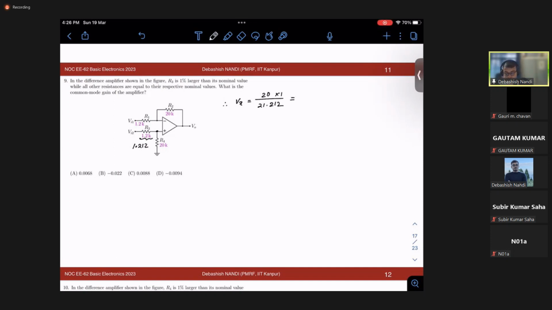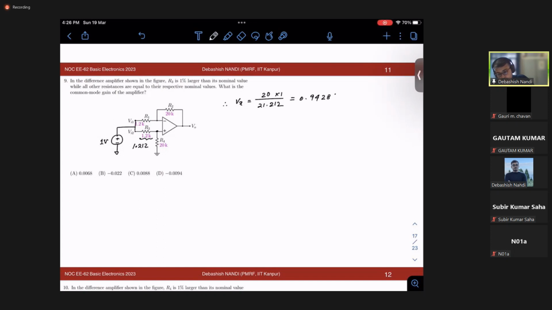So 20 divided by 21.212 would be your 0.94286, right?